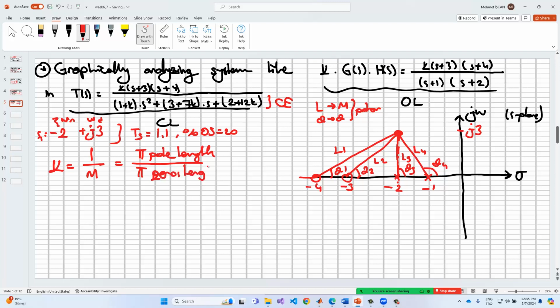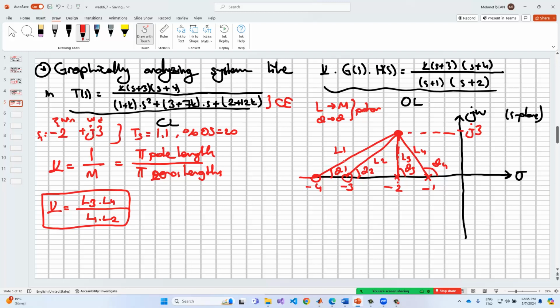In other terms, the K can be calculated with the pole lengths in here, -2, -1, L3, L4, and L1 and L2, the zeros' lengths. This is just geometry. The K can be calculated by using these terms in order to set this pole to -2 plus j3.